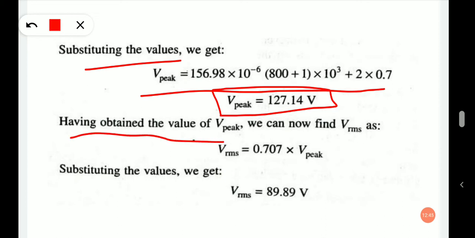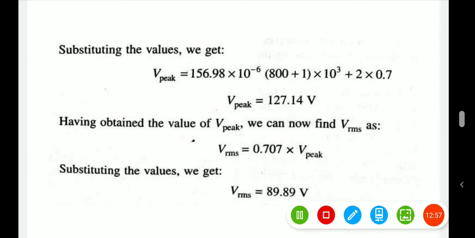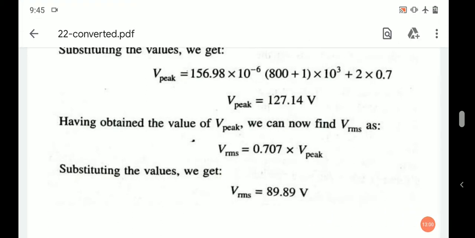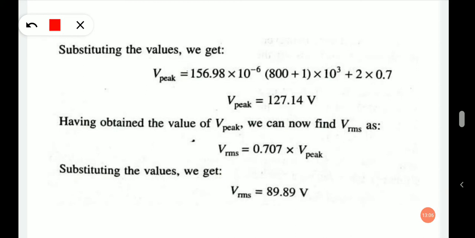After getting the value of V peak, we have to find now Vrms. Here Vrms equals 0.707 into V peak.